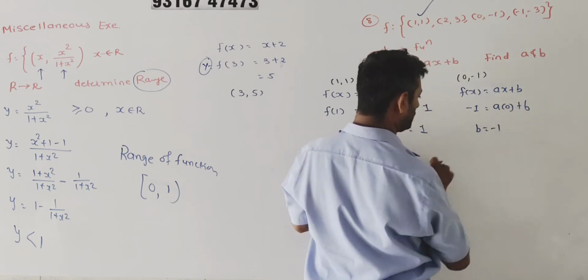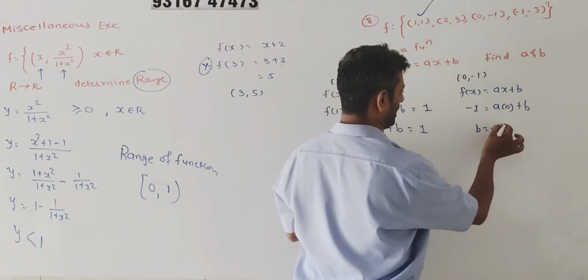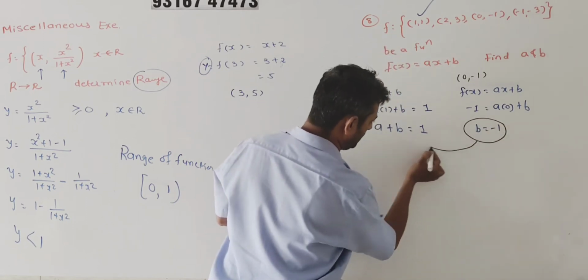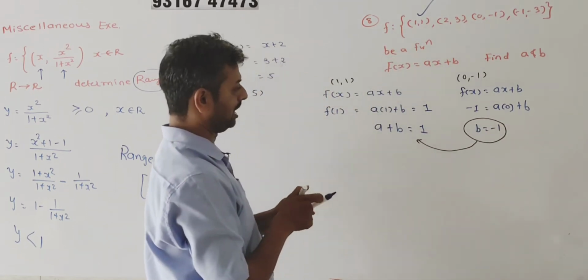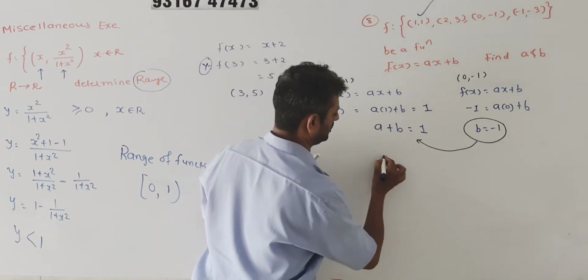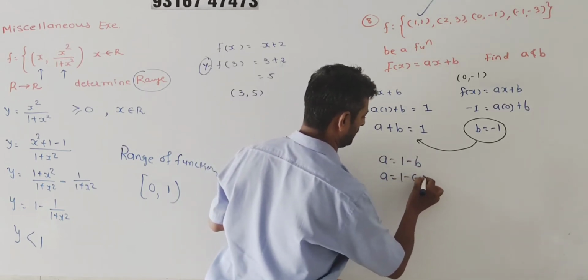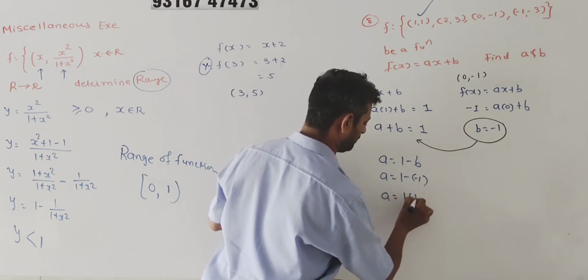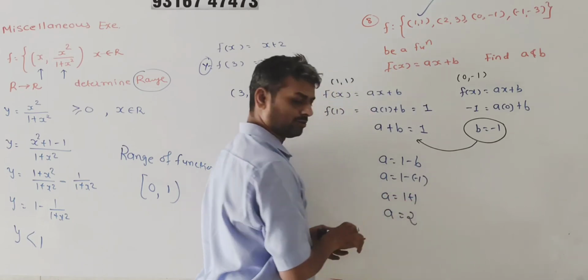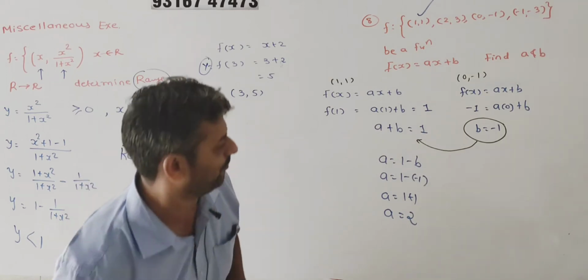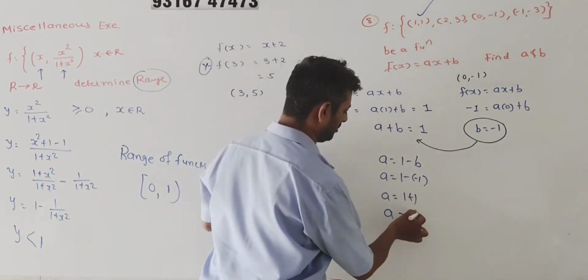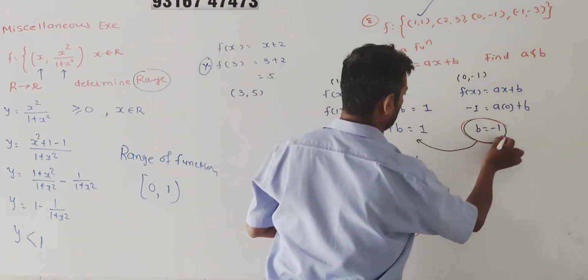So b is equal to minus 1, which I got. Now if I put this value here, I will get the value of a. So a is equal to 1 minus b, so a is equal to 1 minus minus 1, so a is equal to 1 plus 1, so a is equal to 2. In this way we can find out the values of a and b.